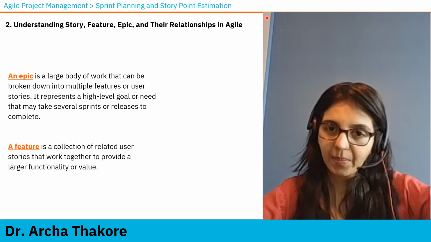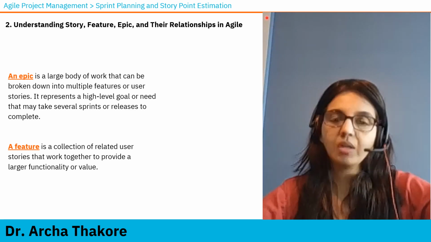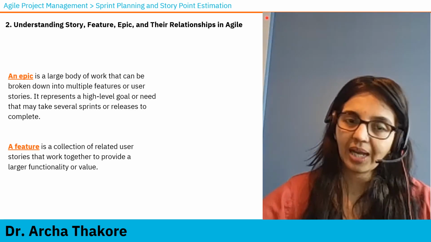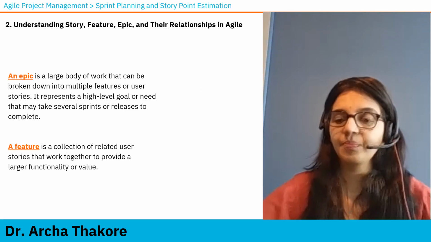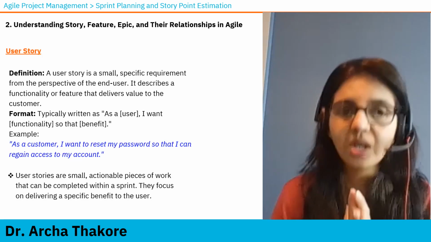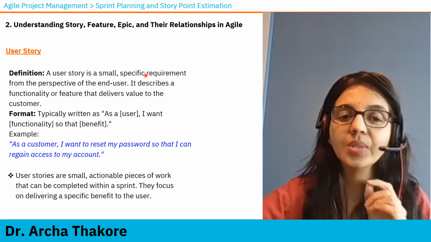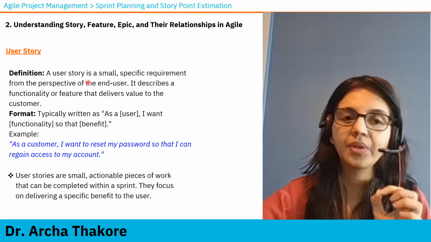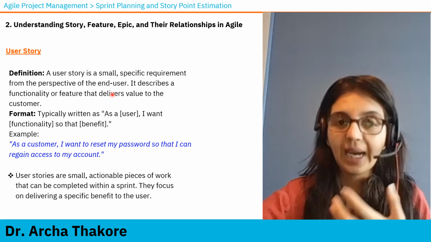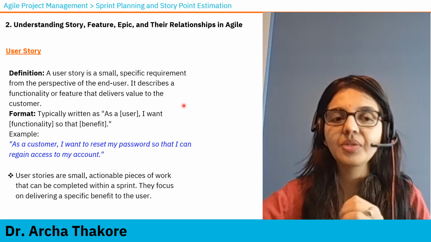So there's an epic, which is a bigger item, further broken down into feature, a smaller portion of that item, and then come user stories. Story is the smallest unit of that work. User story is a small specific requirement from the perspective of the end user. It describes a functionality or feature that delivers value to the customer.